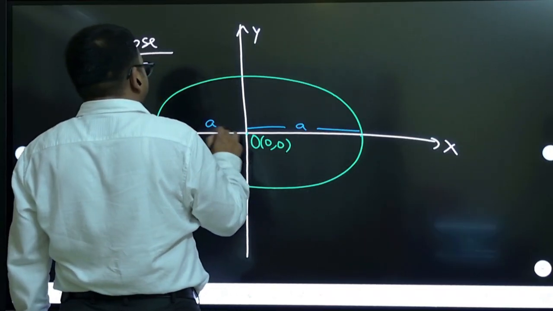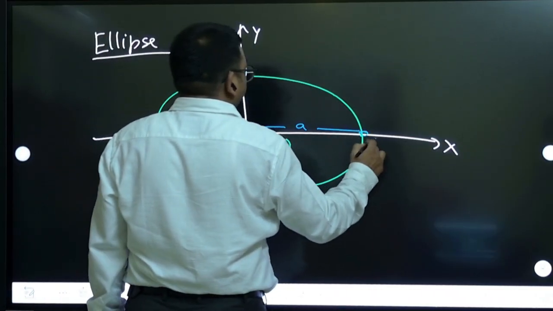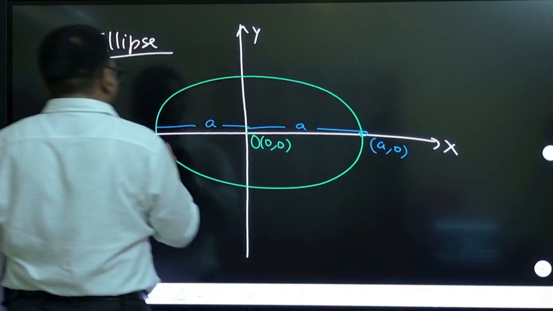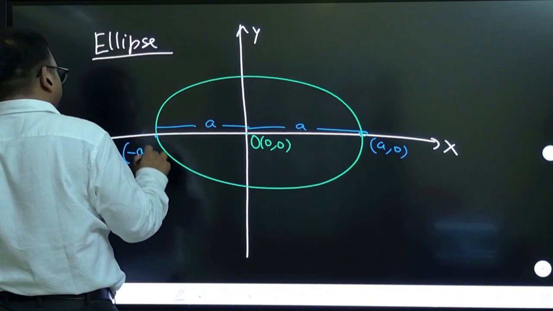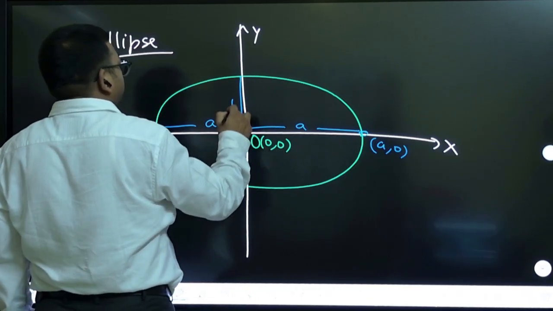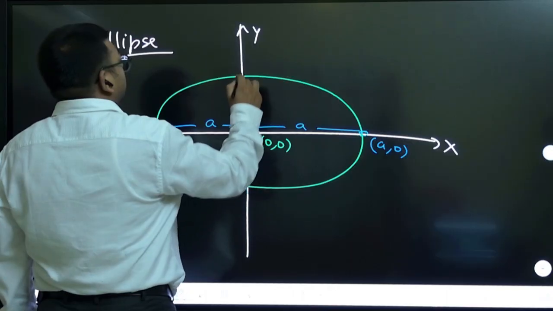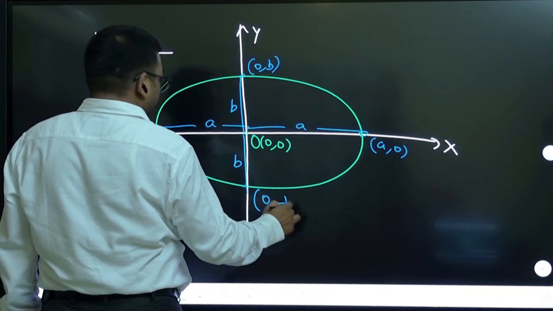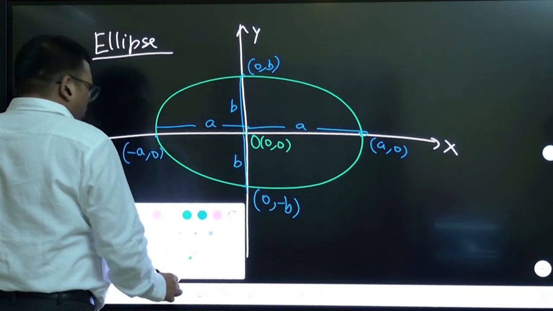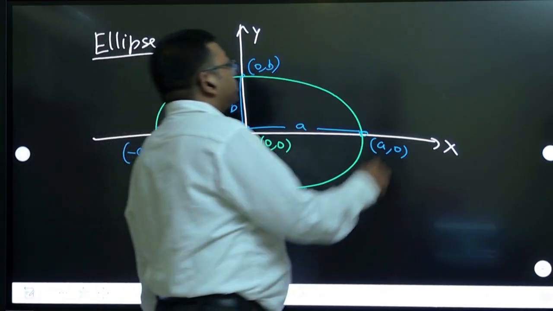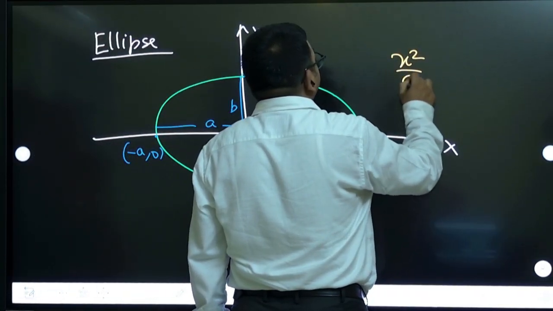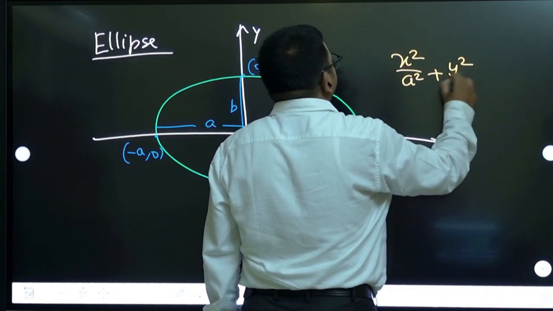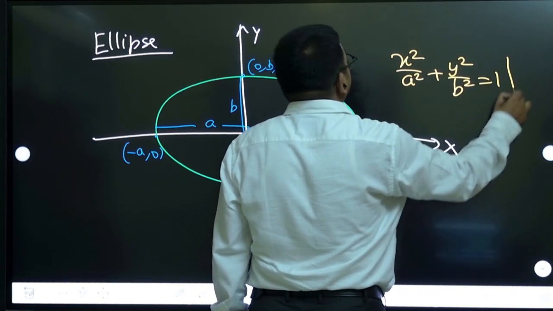This distance is also a. So this point coordinate is a, 0, and this point is minus a, 0. Similarly, this distance is b, and this is also b. This point is 0 comma b, and this point is 0 comma minus b. So what is the equation of this? The equation is x squared by a squared plus y squared by b squared is 1.